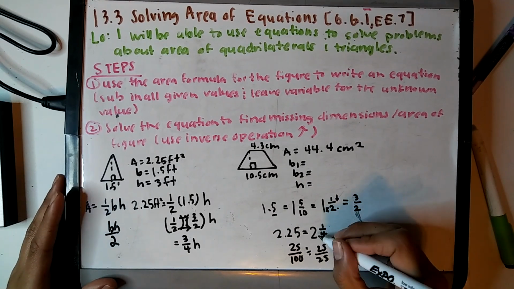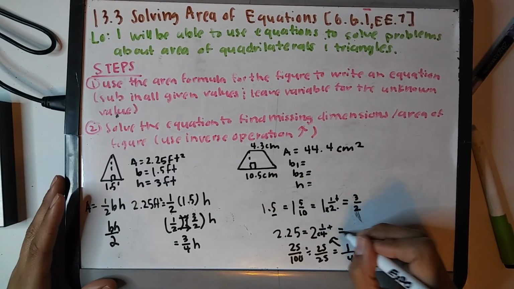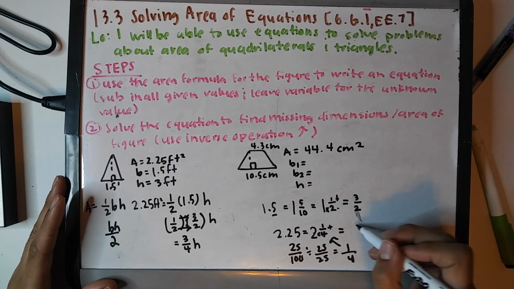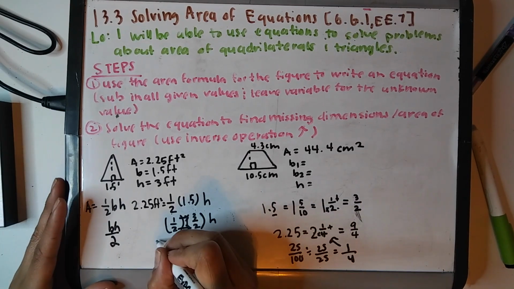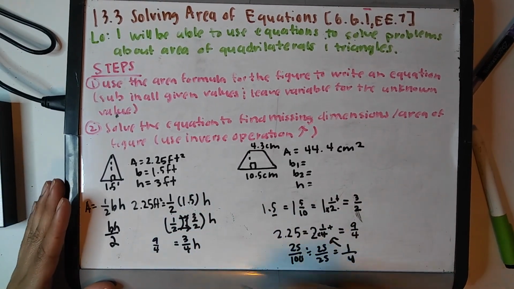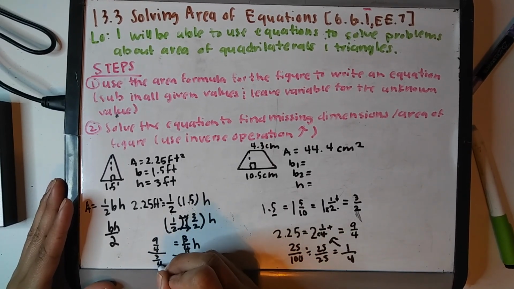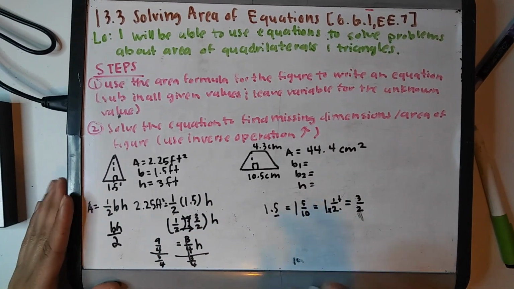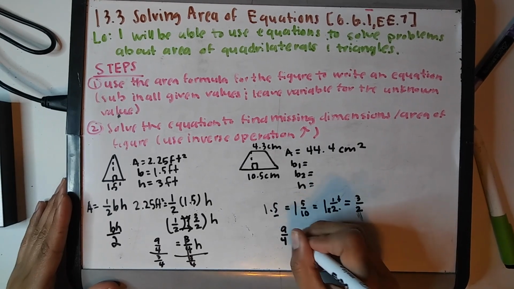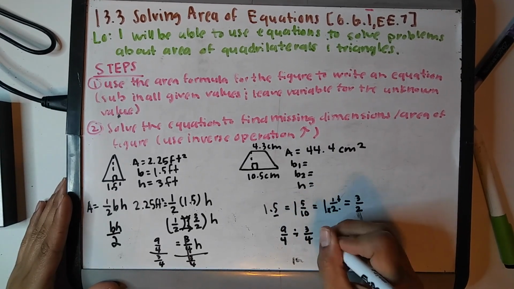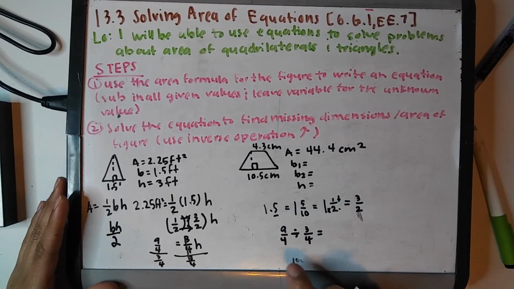Then I have to change that into an improper fraction. So I get that. And so I have to divide this by that. Cancel that out, do that to the other side, and then I end up with complex fractions. So divide by 3/4. And in here, because I'm dividing, I can keep, change, flip.